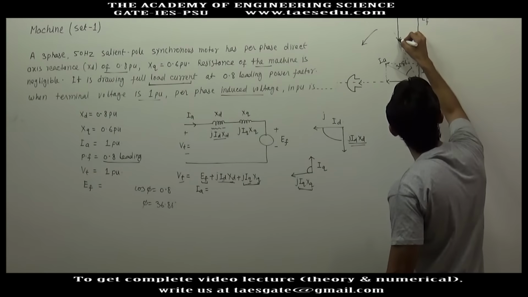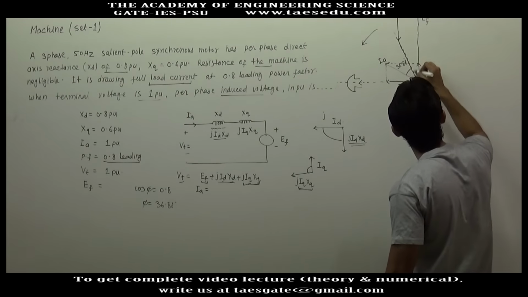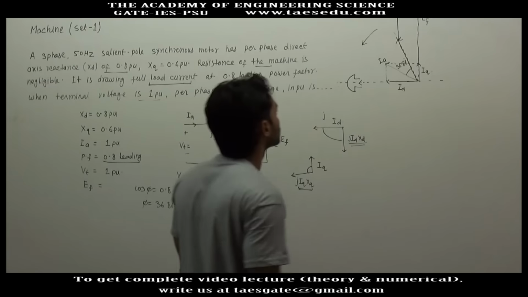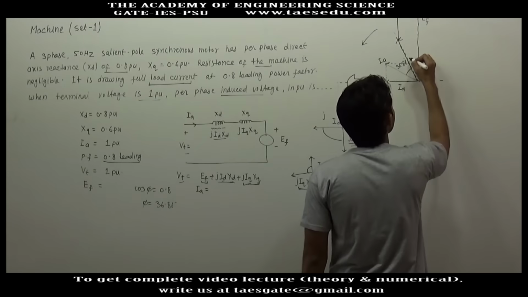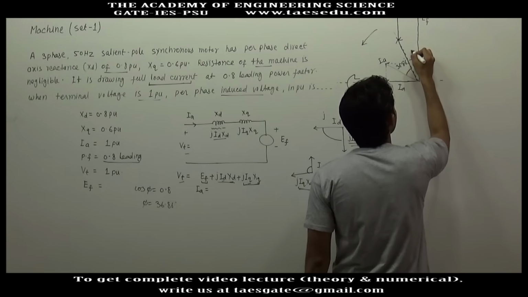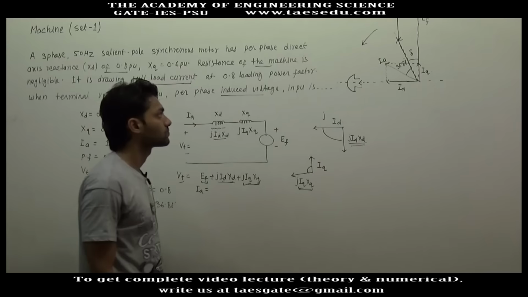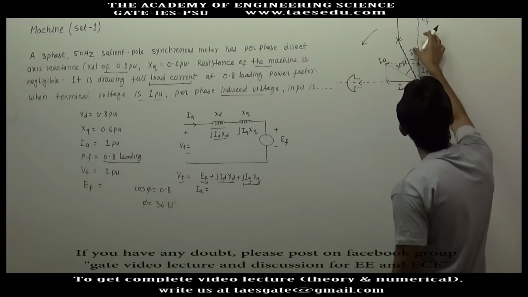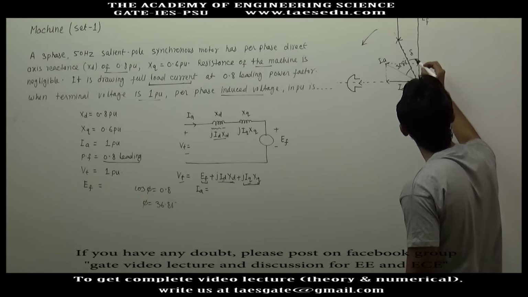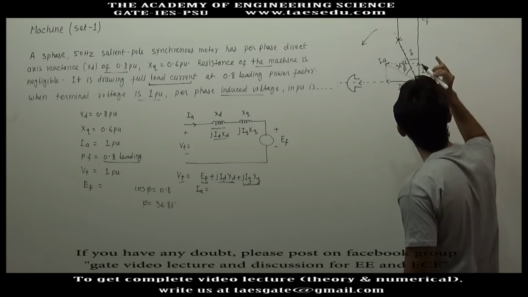So this phasor will give you Vt. This is Vt, this is EF. So the angle between Vt and EF will be the torque angle delta. Okay, now this angle is delta and this angle is phi.